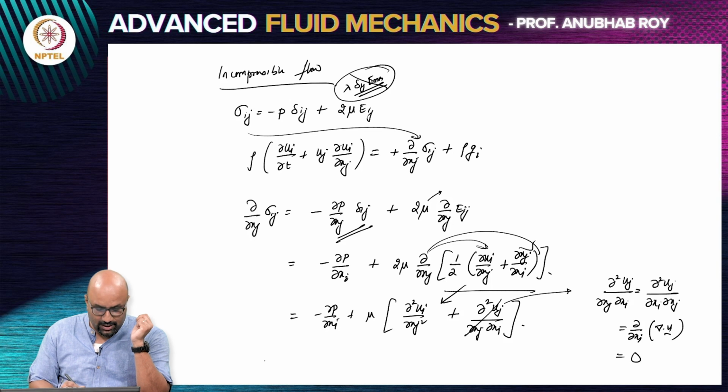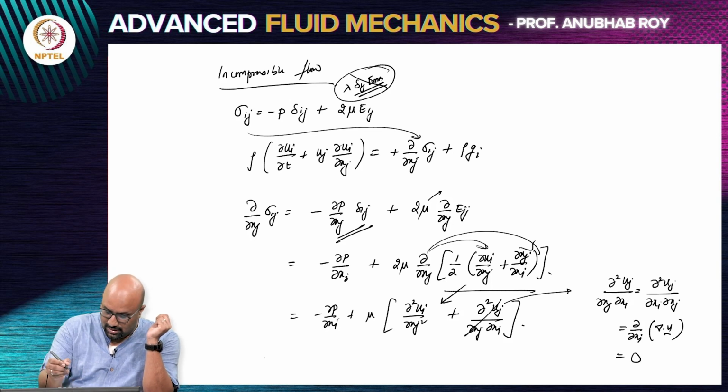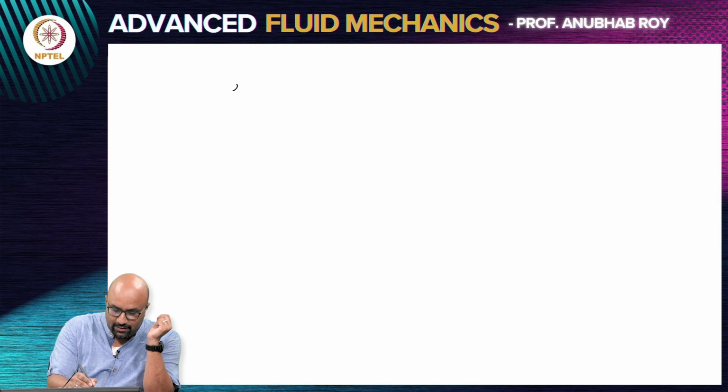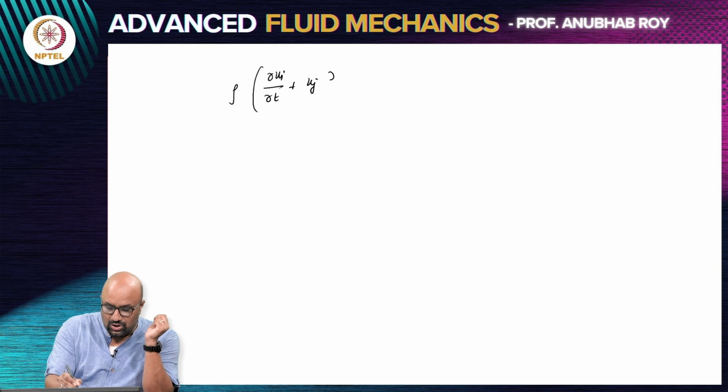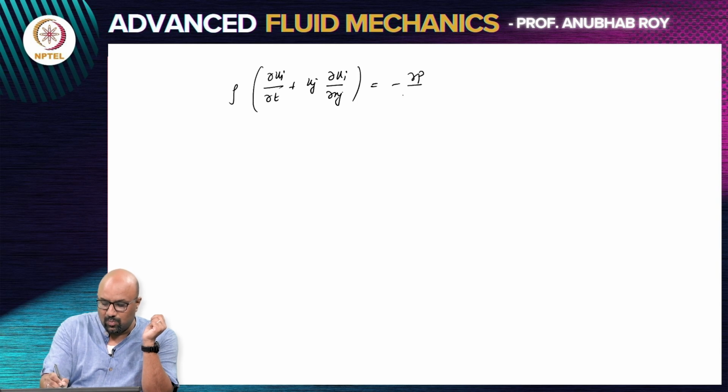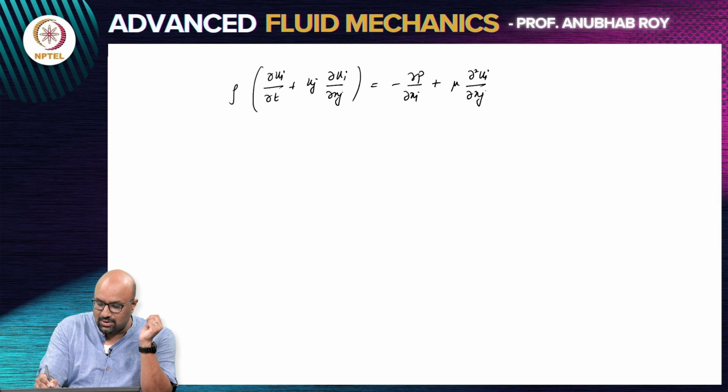and that for an incompressible flow is going to be 0. So, this particular term drops off, and finally, we have ∂ui/∂t plus uj ∂ui/∂xj equals minus ∂p/∂xi plus mu ∂²ui/∂xj² plus rho gi.